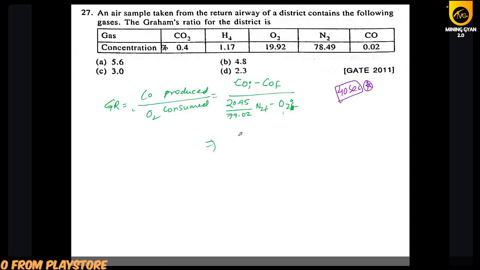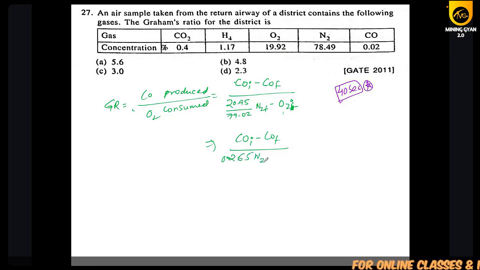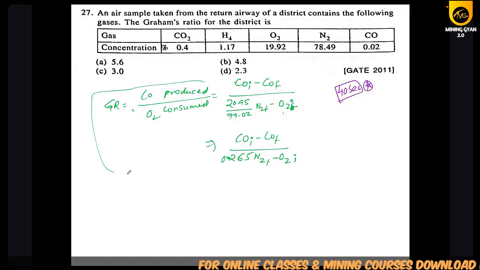Or you can also remember this direct formula: CO final divided by 0.265 times N2 final minus O2 final. Just remember this formula also.